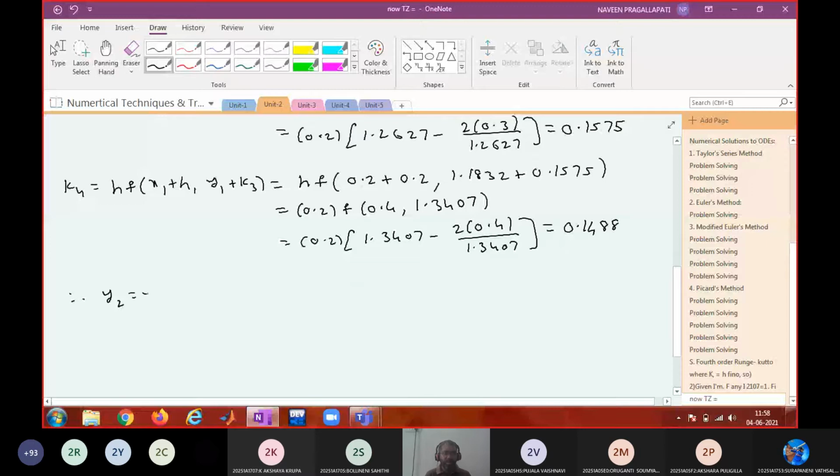y2 is equal to y of x2 is equal to y of 0.4 is equal to y1 plus 1 by 6 times (k1 plus 2k2 plus 2k3 plus k4).